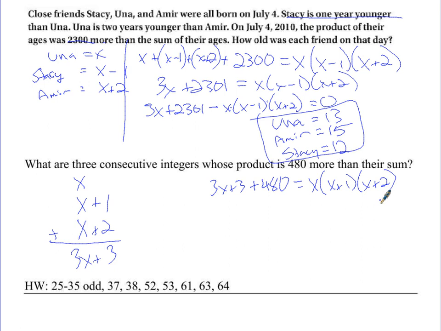And now we basically have the exact same problem as we had above. Combine like terms here, 3x plus 483. Move this guy over, minus x times x plus 1 times x plus 2. This is all one term, so I just subtract it all. And that's what I get, equals 0. Graph this as is.